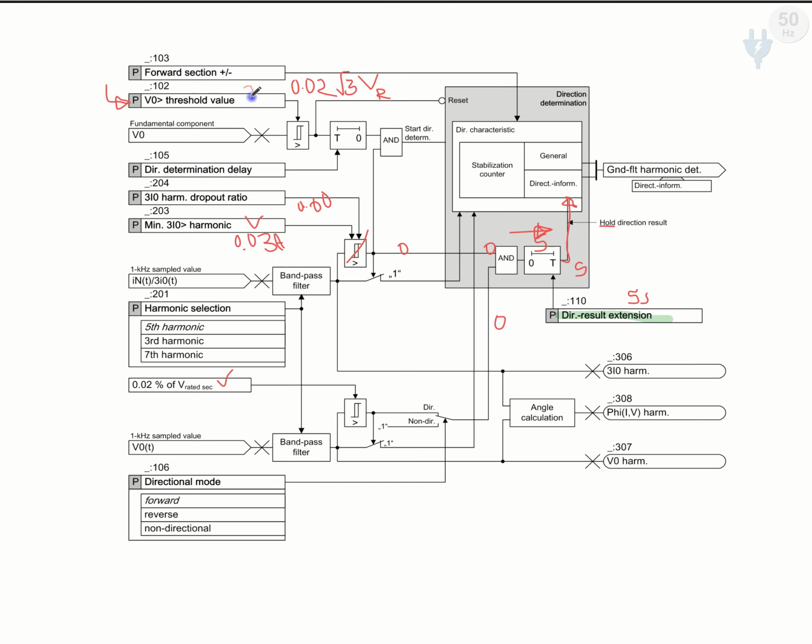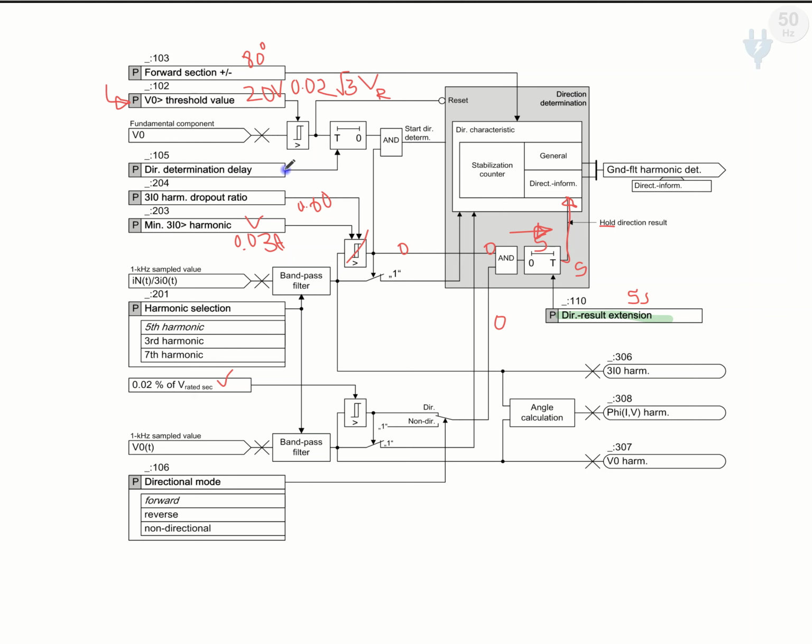It's around 20 volts, and we give this as a default. And for the forward and reverse section area determination, delta phi is 80 degrees plus and minus. This threshold and the dropout ratio we discussed.